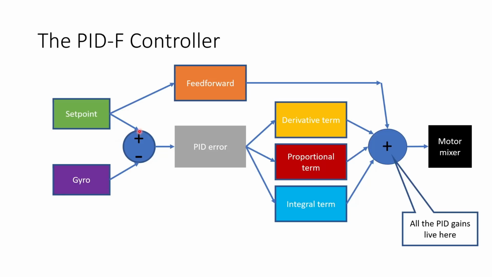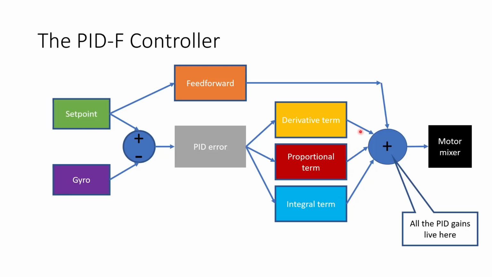These 2 input terms are combined in this sum here. So the set point minus the gyro gives the PID error. The PID error is the difference between what you told the quad you wanted it to do and what it is actually doing. And that PID error is fed into the derivative, proportional and integral terms, and they do some maths on it, which we'll talk about in a second.